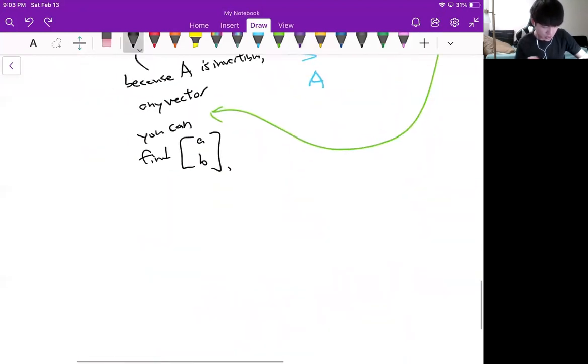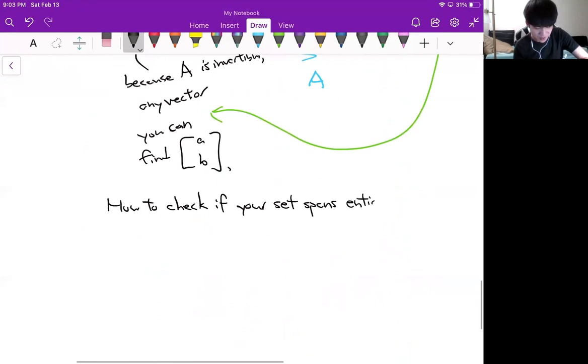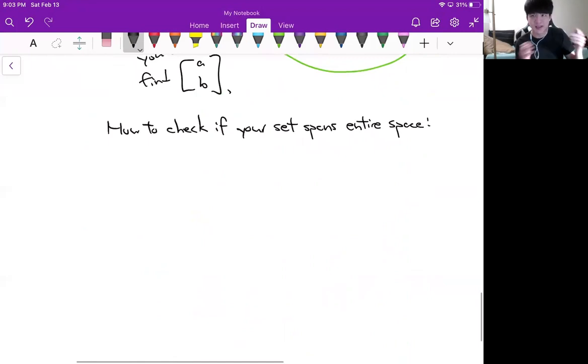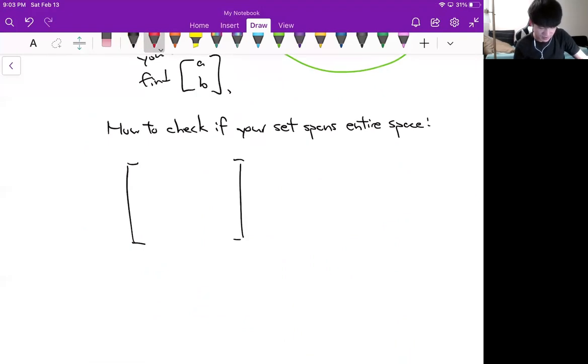How to check if your set spans the entire space? Well, let's say you have n vectors and you're in n-space. That's a really easy case. Write your vectors like this: v1, v2, ..., vn.